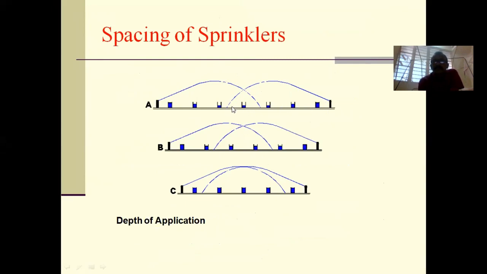Nearer, more; farther, you get less water. So if you keep on increasing the overlap, you find that the uniformity of depth of water applied improves. And here it is almost uniform. So this is the overlap one should aim for.